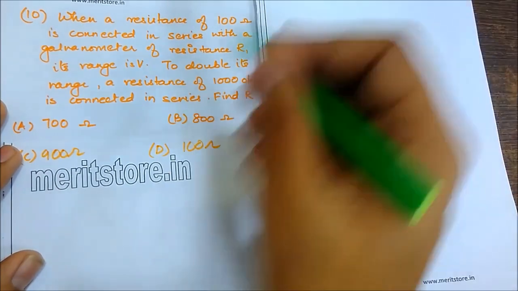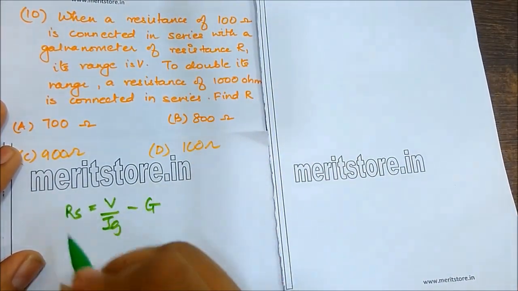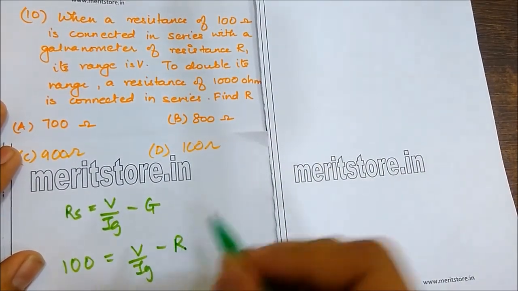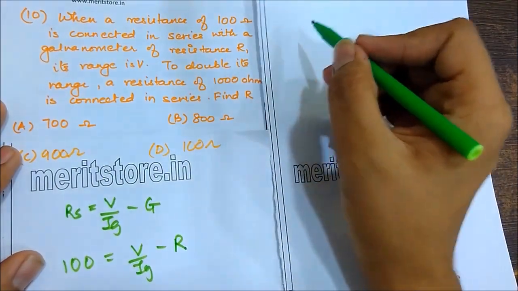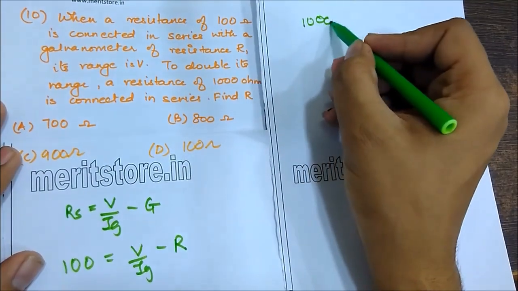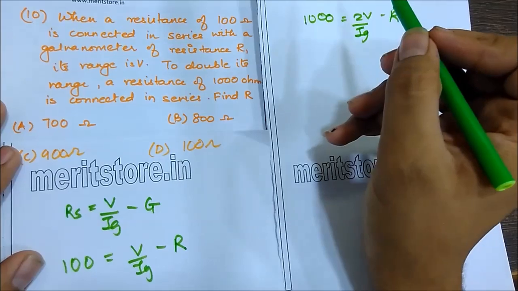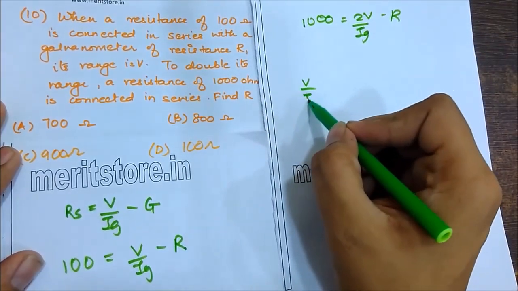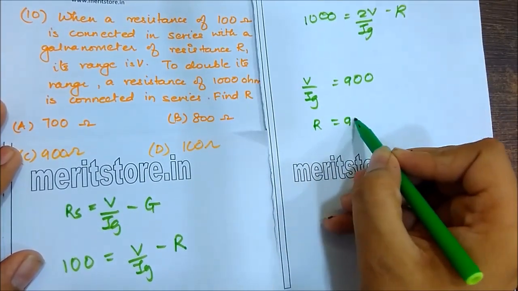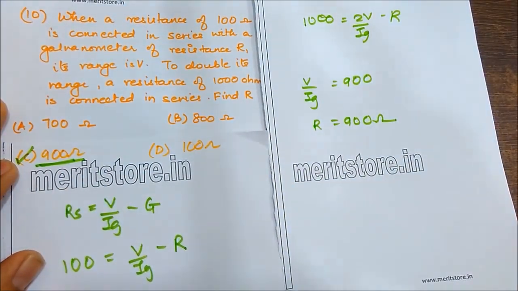Find R. So now Rs is equal to V upon Ig minus G. From the first case it was 100 is equal to V upon Ig minus R. Second case is 1000 is equal to 2V upon Ig minus R. Subtracting equation 1 from 2, we get V upon Ig is equal to 900. So the value for R is equal to 900 ohms. So option C, 900 ohm is the correct answer.